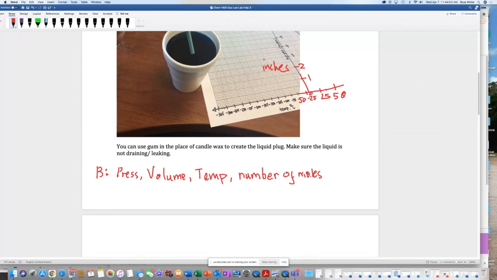When scientists, different groups of scientists, were studying these 4 characteristics of gases, they were trying to figure out how these characteristics affect each other. So if I change the pressure, how does that affect the number of moles, or vice versa? If I change the number of moles, how does that influence pressure?